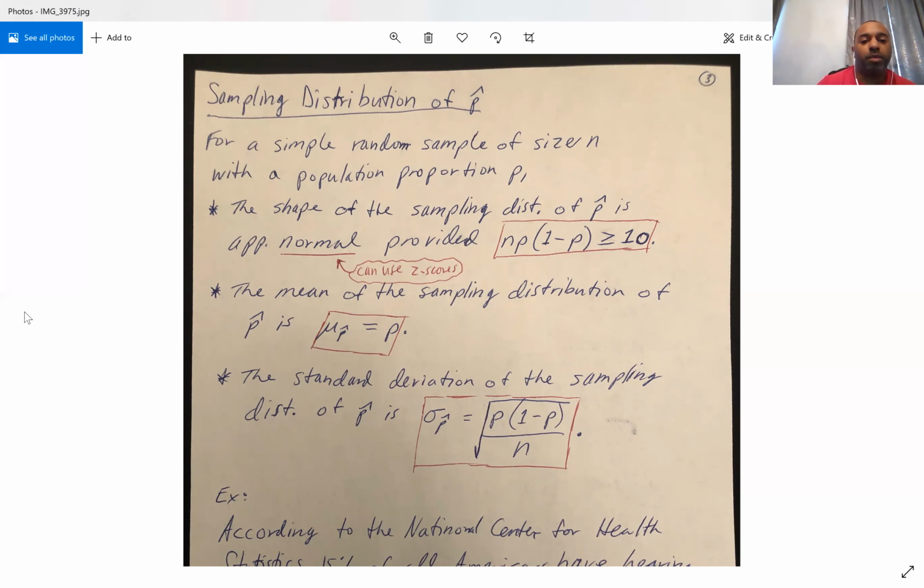And that's important because if it's approximately normal, that means we can use z-scores. So that's what I have right here in red. The mean of the sampling distribution of p hat is going to be our p, whatever our population proportion is. The standard deviation of the sampling distribution is calculated by the square root of p times 1 minus p over lowercase n.